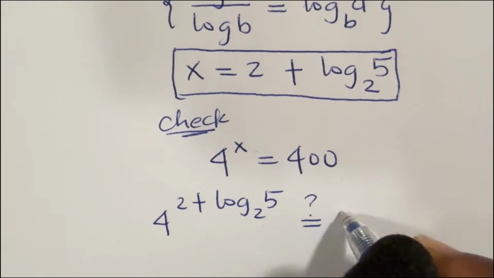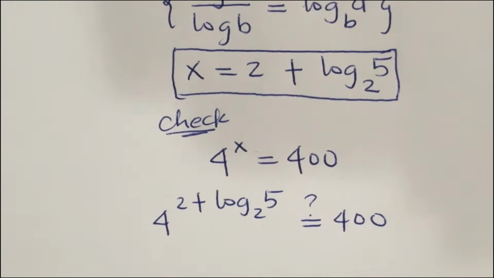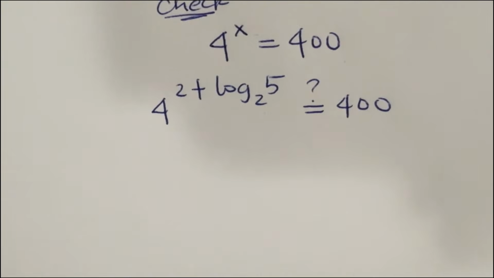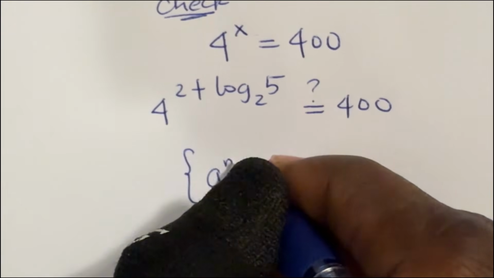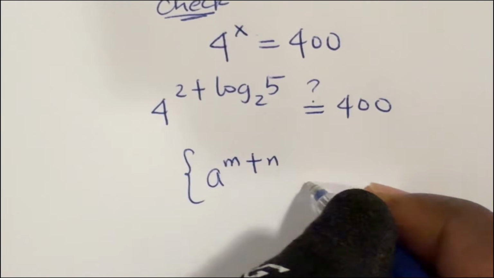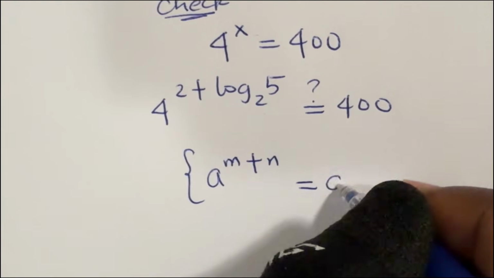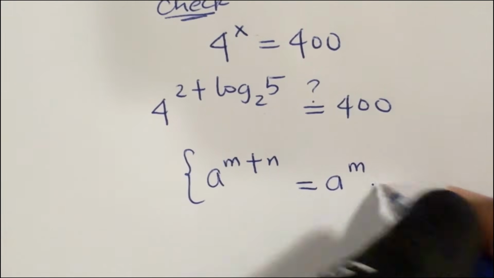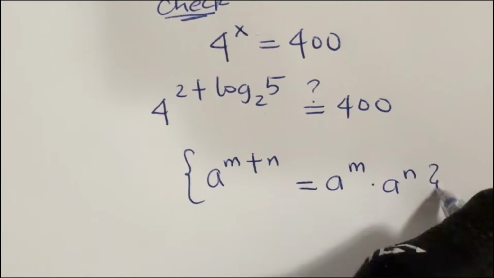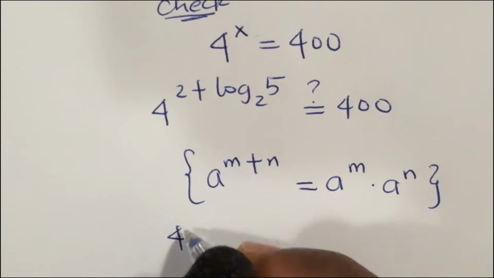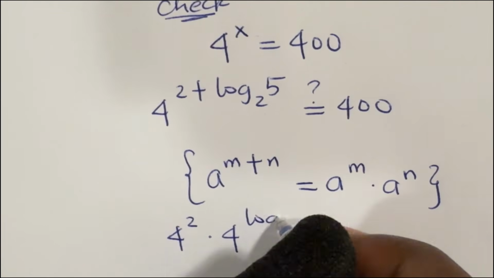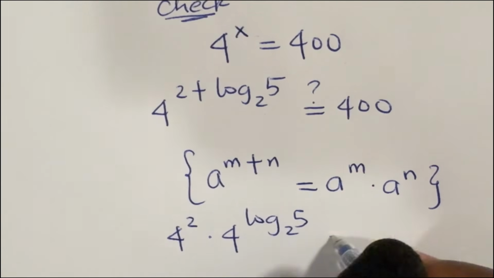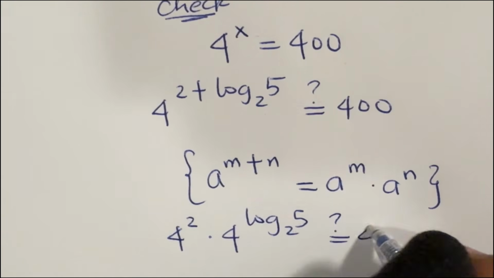Does that give us 400? By law of indices, we can separate the powers using this principle. A raised to power m plus n is equal to a raised to power m times a raised to power n, giving us 4 raised to power 2 times 4 raised to power log 5 base 2, which should give us 400.